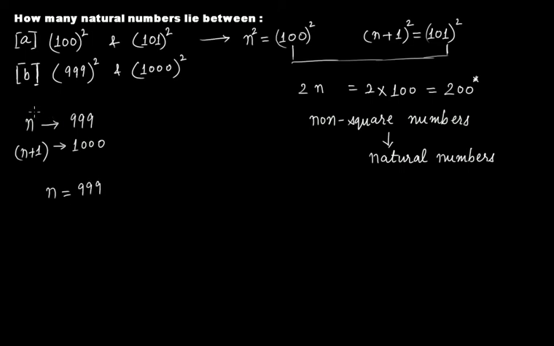Now if we take the square of n, that is 999 squared, and the square of n plus 1, that is 1000 squared, we have two consecutive square numbers.